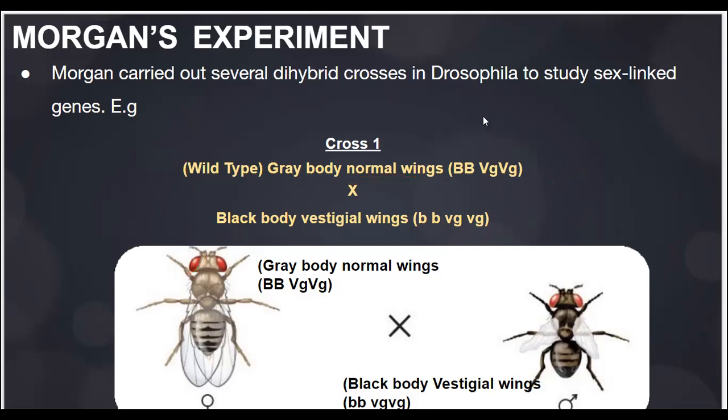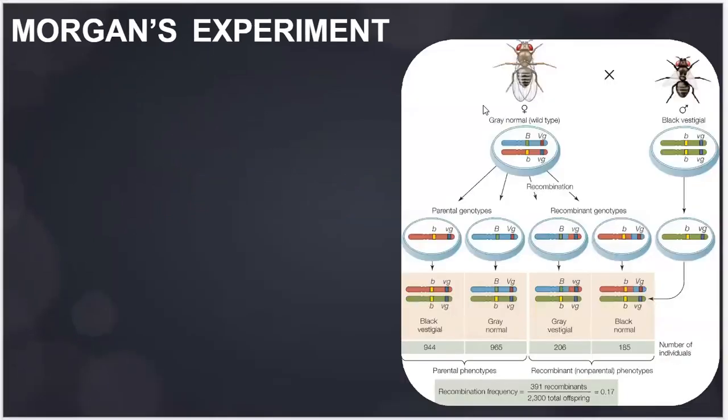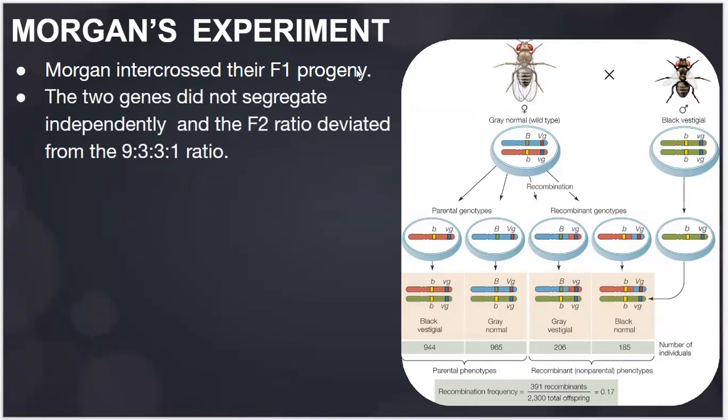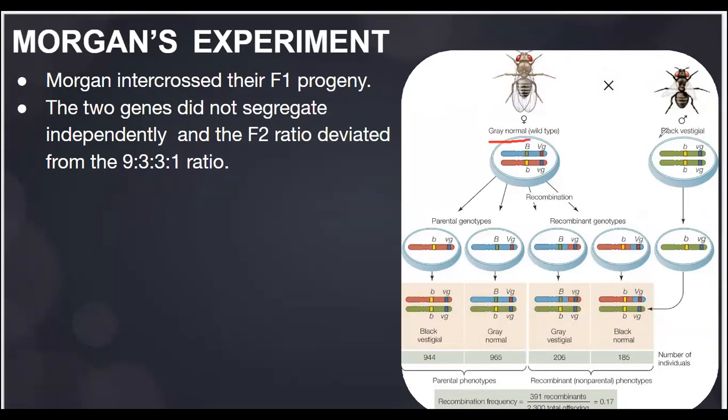Okay, to study the linkage pattern, and what he found was that when he intercrossed the F1 progeny, the genes that were there, gray and normal from one parent and black and vestigial from the other, the chances of them coming together in the phenotype was very high.